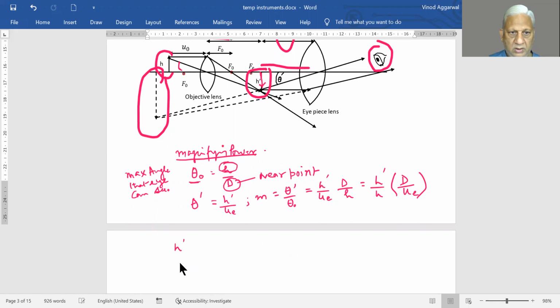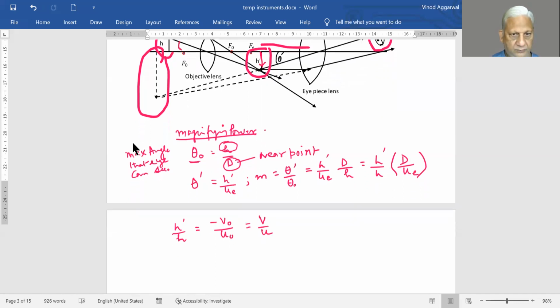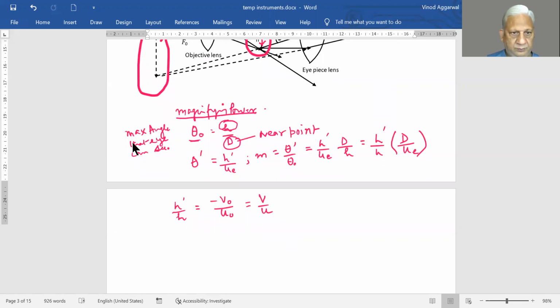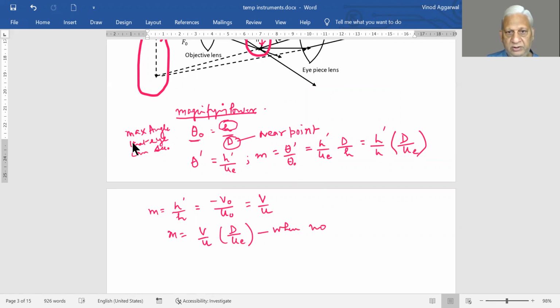Now h dash by h is also, as we see in this triangle, this over this is equal to this over this distance, and we simply denote it as V by U. This is our magnification.